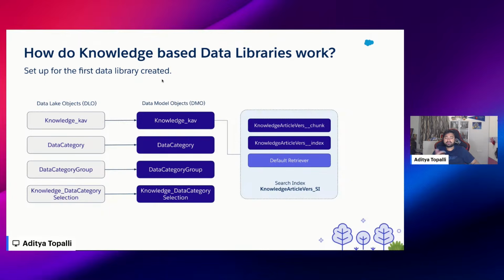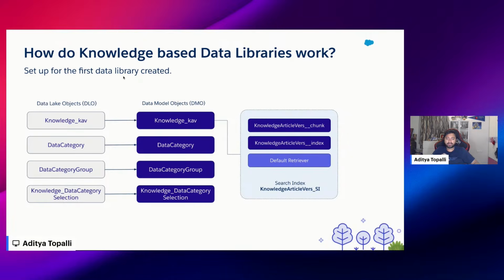Now, what about knowledge-based data libraries? Knowledge, given that it is there in Salesforce, remember the first screen that I showed you in the demo about data streams. Since all of these are objects within Salesforce, we are able to just get those objects and map them to the corresponding DMOs. And then a search retriever and an index is created for those DMOs.